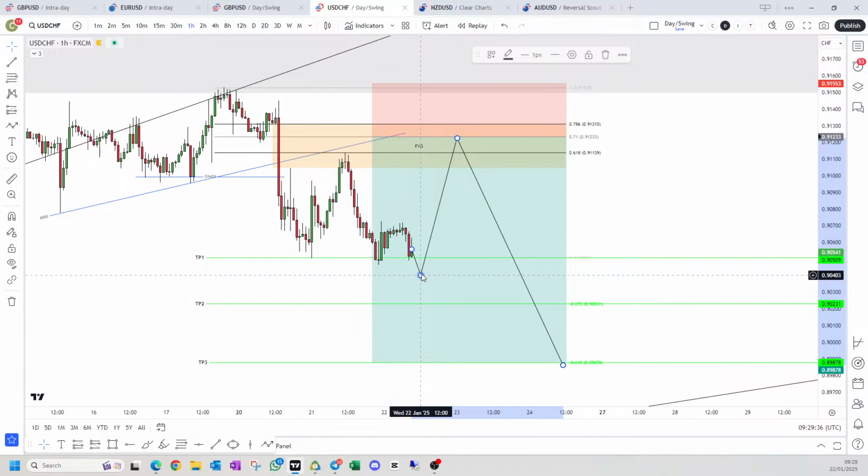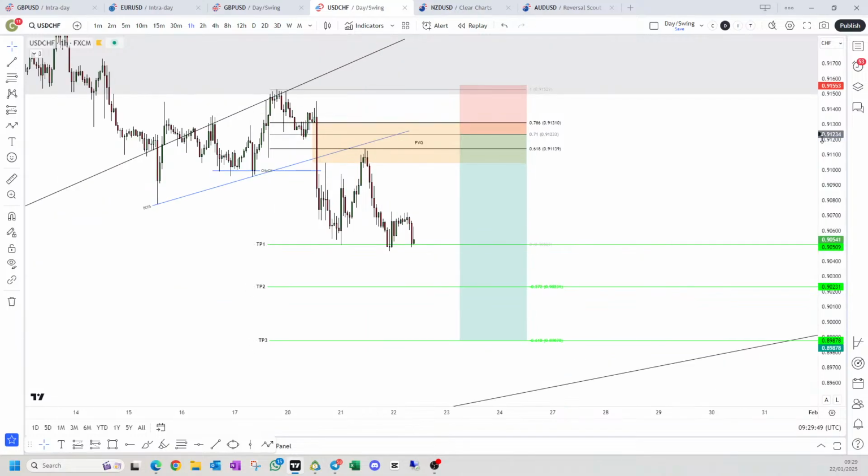So this is still valid for now until this properly breaks below. So keep an eye on that. Again, alert lines, I want to be alerted when price comes back up to this level. I want to wait to see if price can actually considerably break below this. So if price gets lower than that previous low, then we're interested.